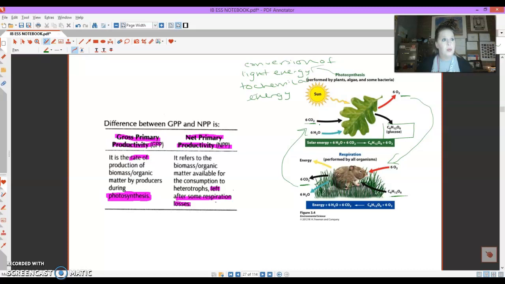So what's important that you need to remember are the inputs and outputs for each one. So for photosynthesis, the inputs, what goes into photosynthesis, is going to be carbon dioxide, water, and sunlight. That's what goes in. Now, what are the outputs? Let's just change the color.